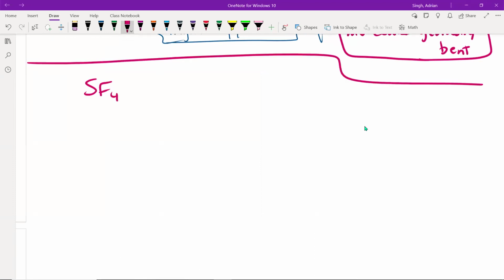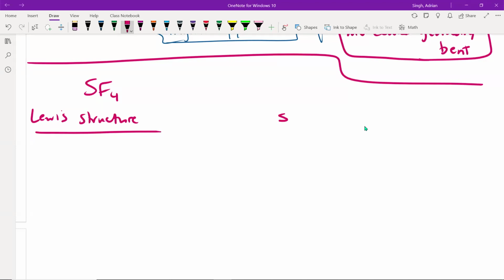Okay, first step to determining molecular shape is to now draw the Lewis structure for this. Okay, so following our rules for Lewis structures, we're going to see that the sulfur is going to have those four fluorines around it, and then we're also going to have something additional.